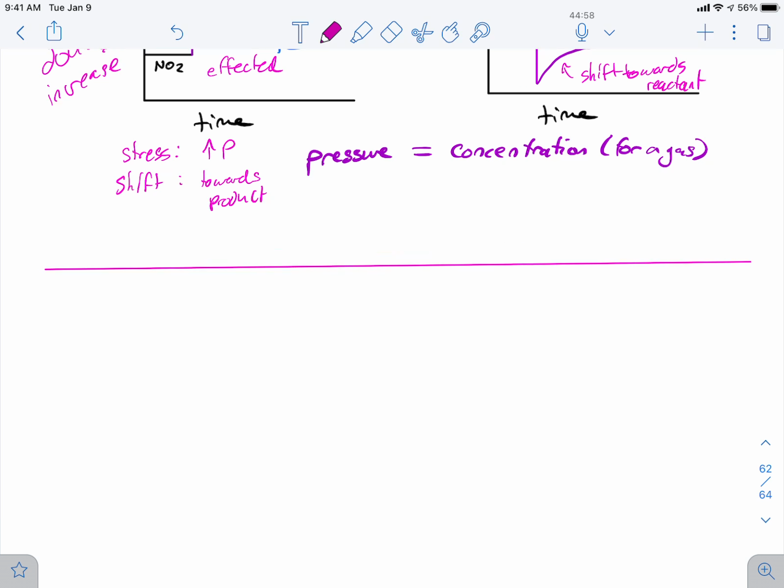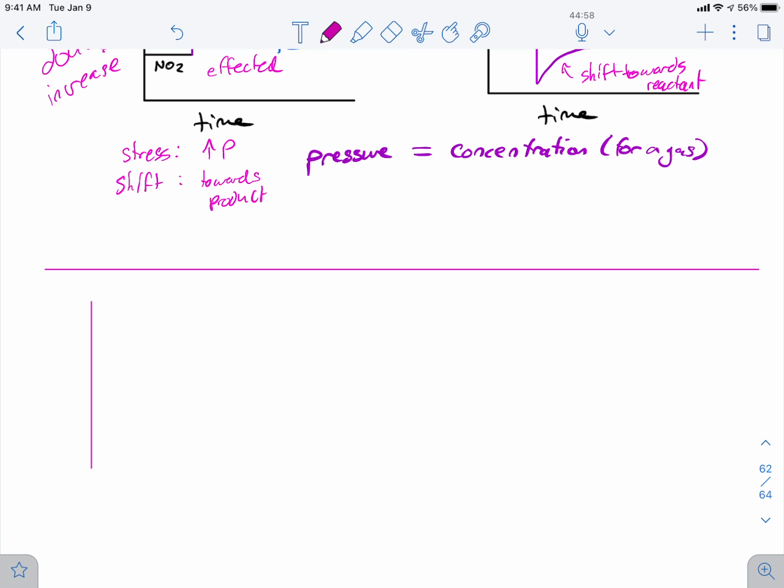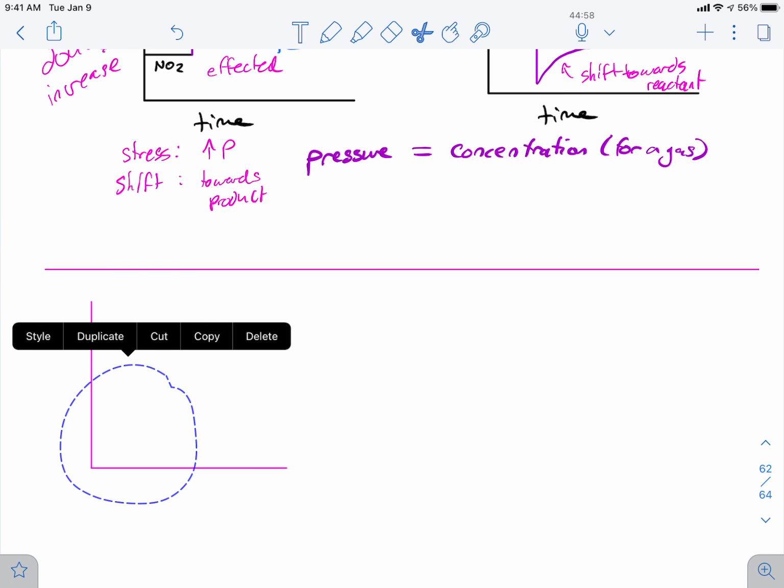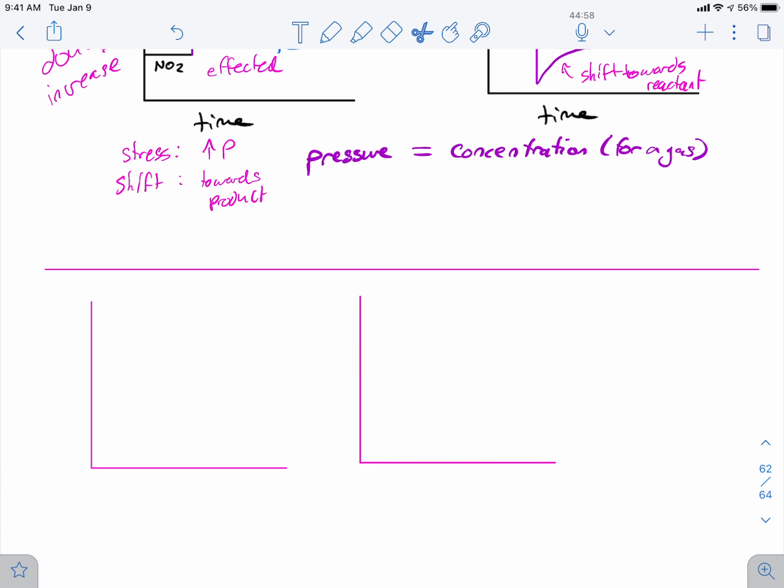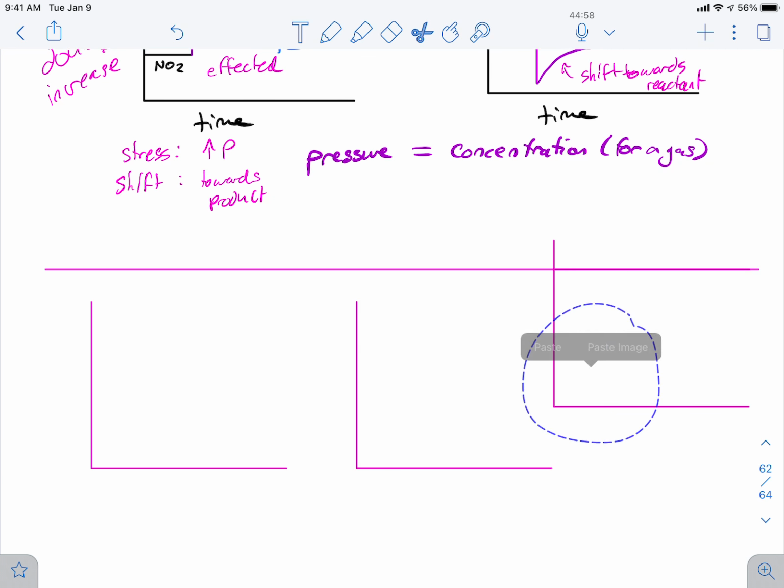Maybe we can summarize with the possible types we have. We have something that looks like this. I'll just do the 3.